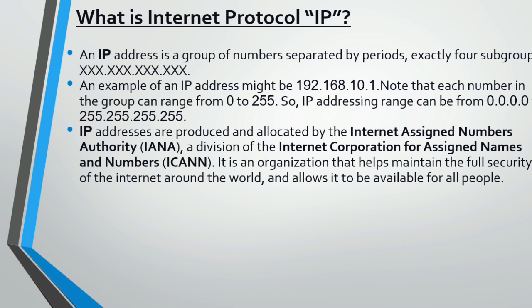IP addresses are produced and allocated by the Internet Assigned Numbers Authority (IANA), a division of the Internet Corporation for Assigned Names and Numbers (ICANN). It is an organization that helps maintain the full security of the Internet around the world and allows it to be available for all people.